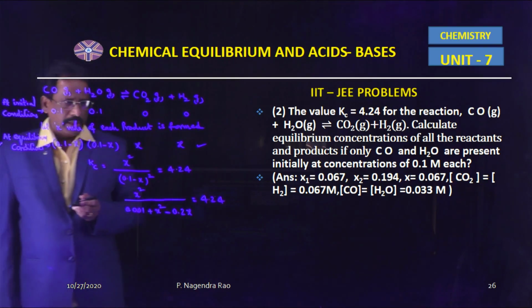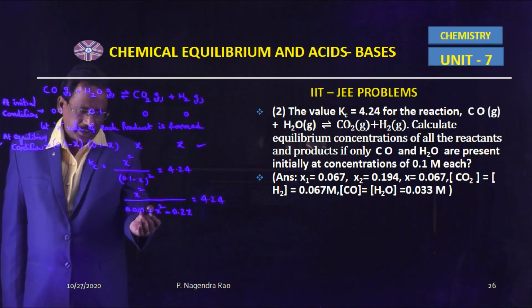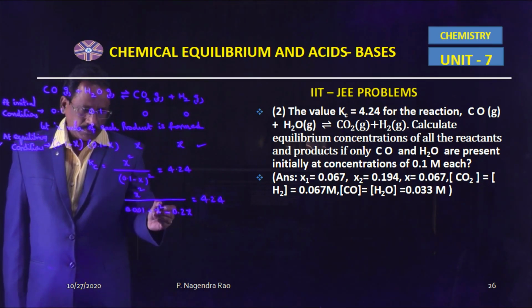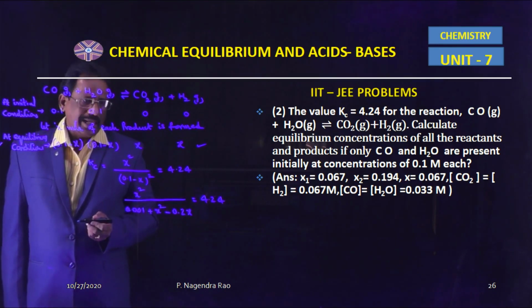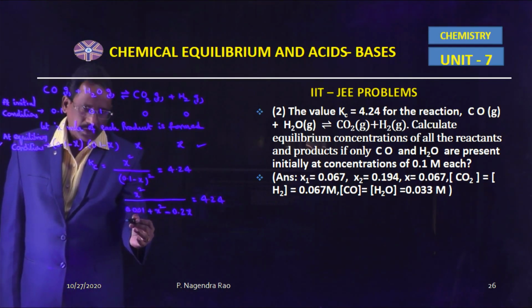So 0.1 whole square is equal to 0.01, a square, that is b square is x square, minus 2ab, so minus 2 into x.